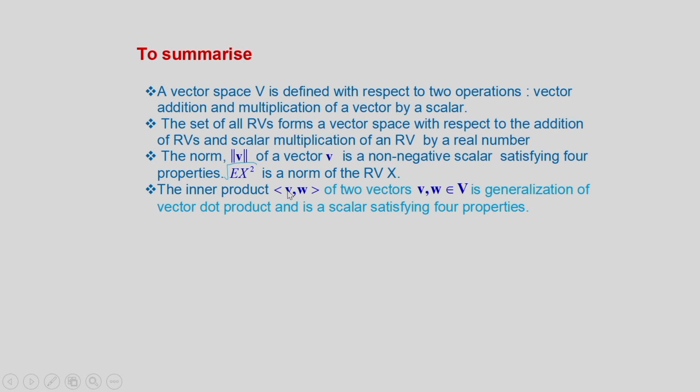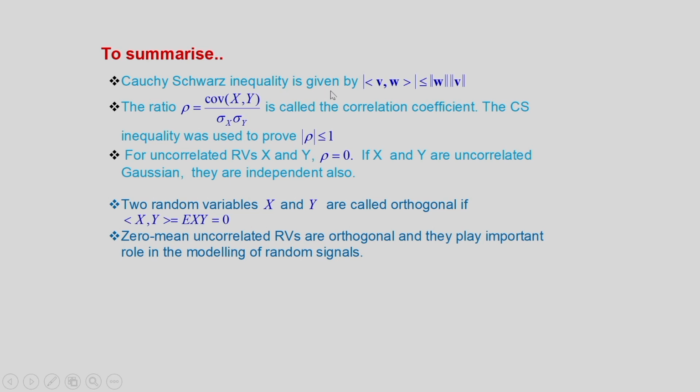The inner product of two vectors v and w is a generalization of the vector dot product and is a scalar satisfying 4 properties. Those properties we stated. Then we introduced the Cauchy-Schwarz inequality, given by the magnitude of the inner product of v and w being less than or equal to the norm of w into the norm of v.